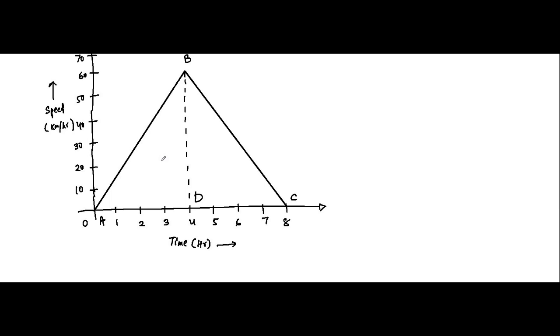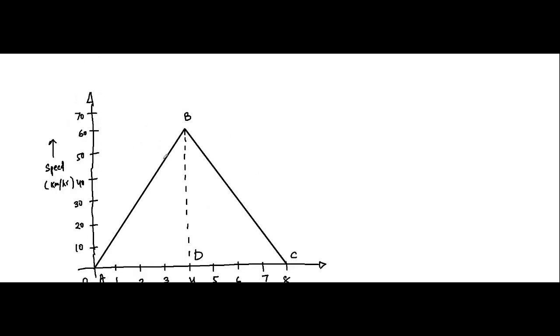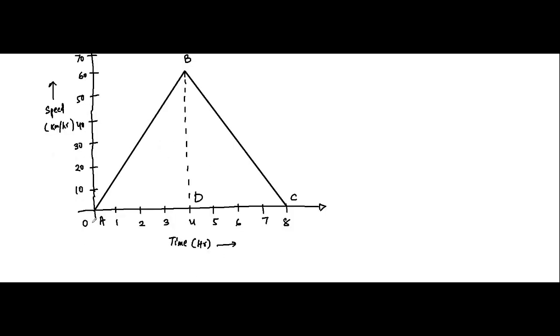If you see here, for the entire duration from 0 hours to 4 hours, it is a straight line with a certain slope with respect to the x-axis. So it is constant acceleration, uniform acceleration AB from 0 to 4 hours.